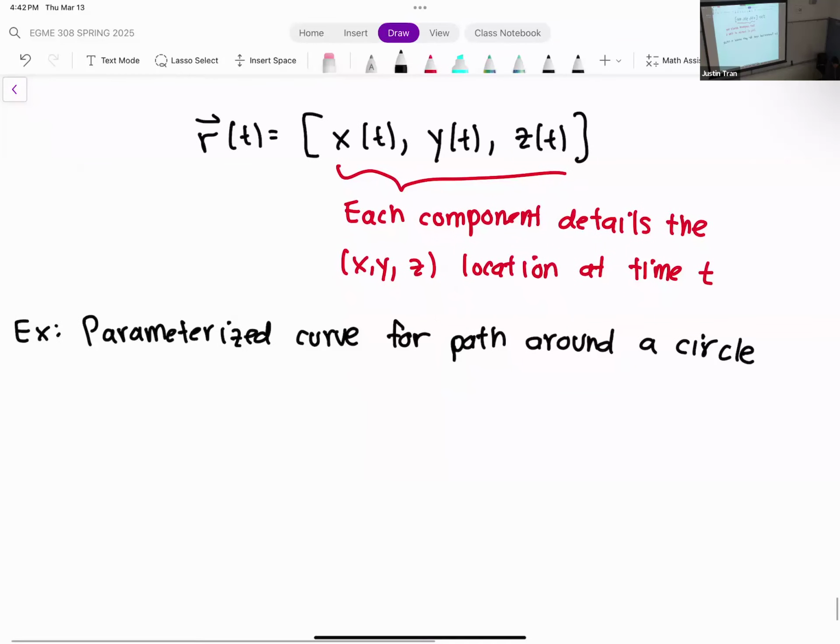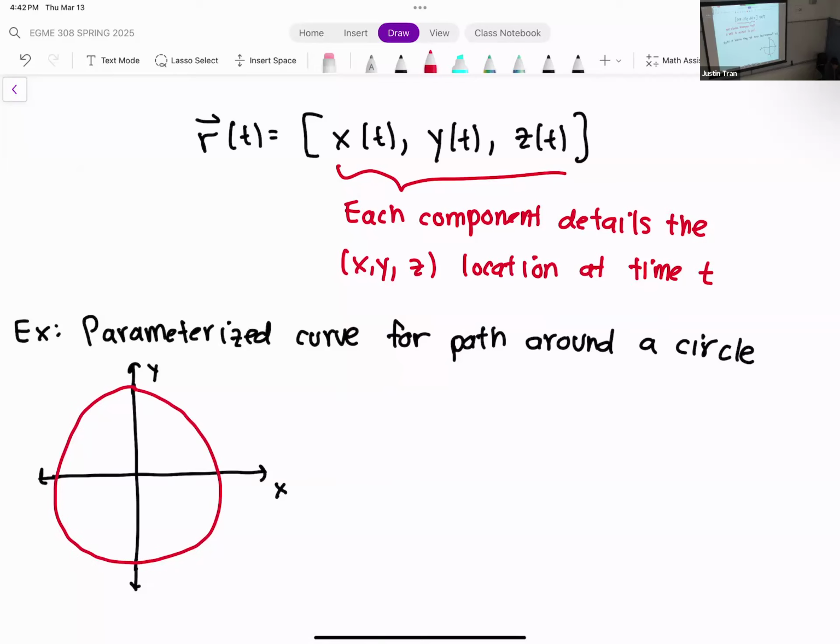Let me draw a circle in XY space. We have our coordinates x and y, and our circle looks something like this. Imagine it's a perfect circle.